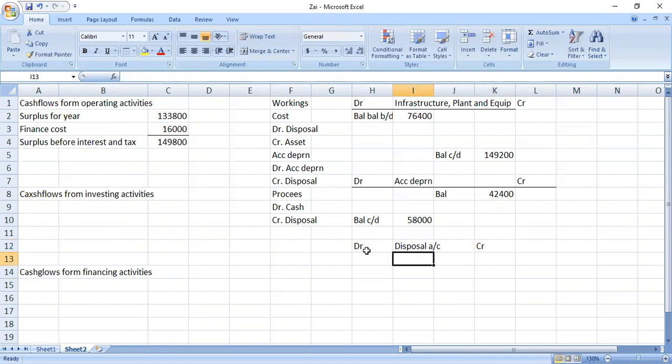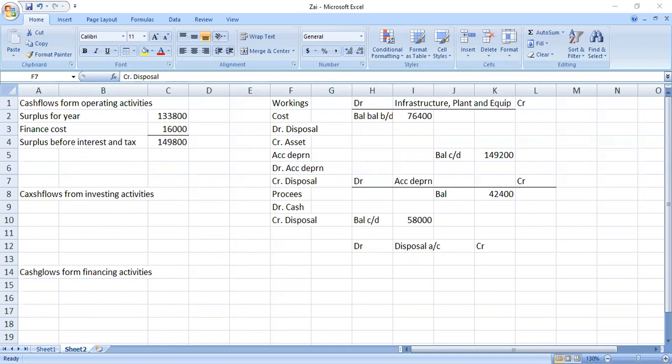Having drawn the T accounts, you now apply the disposal journals. We can start with the cost. The original cost of the asset is 3.2 million.